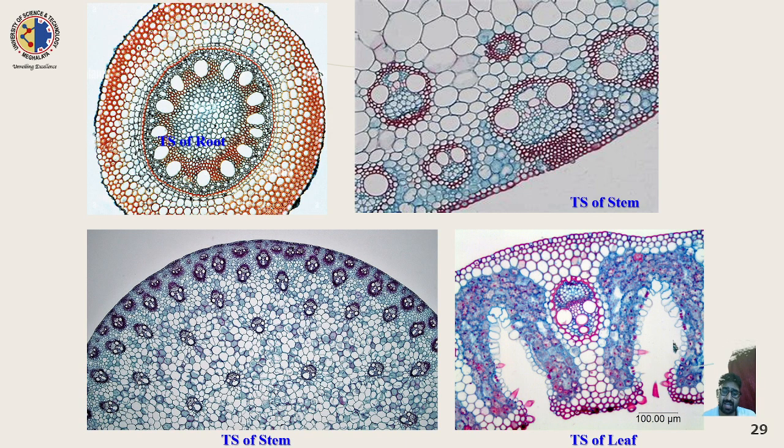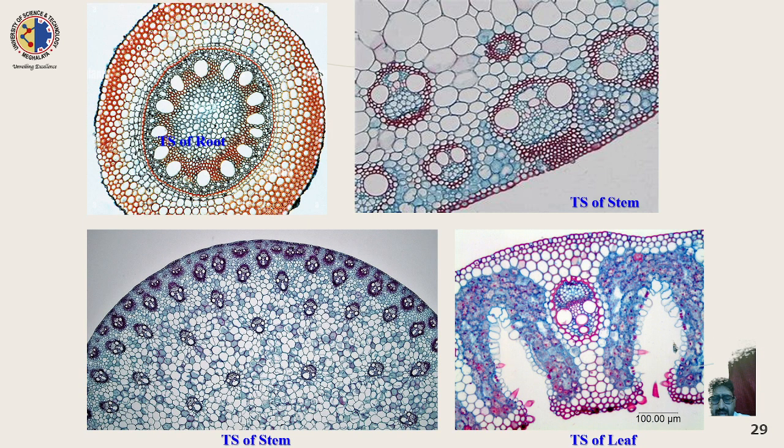If we look at the classification of tissues, there are three types: dermal tissue, ground tissue, and vascular tissue. In monocots, in the Poaceae family, dermal tissue will be present, that is, the epidermis, in which you will find trichomes and stomata.